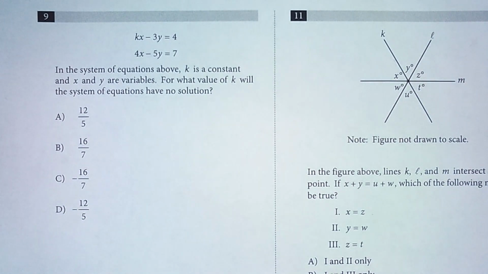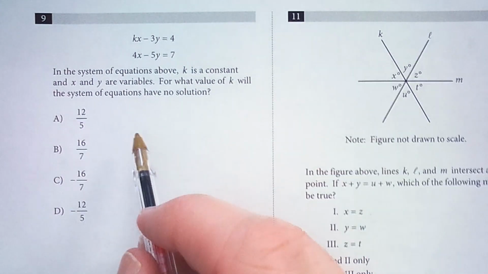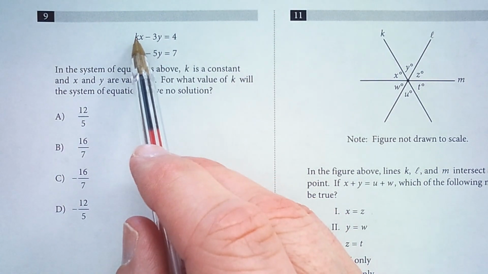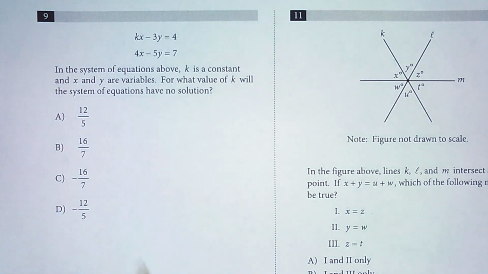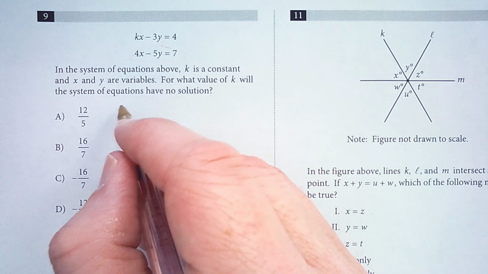Number 9, in the system of equations above, k is a constant and x and y are variables. For what value of k will the system of equations have no solution? They will have no solution when the slopes are the same. So we're going to find a value for k that makes the slopes the same. So for this line right here, let's find the slope.